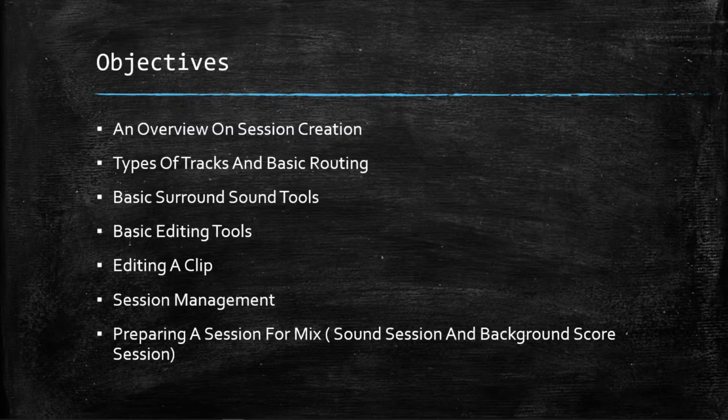I'll be working on Avid Pro Tools, so it will be more on how you can work easily on Pro Tools, and basically the routing is common to all DAWs. Then we'll talk about basic surround sound tools: the panner, then the editing tools, followed by how to edit a clip and keep it in sync.